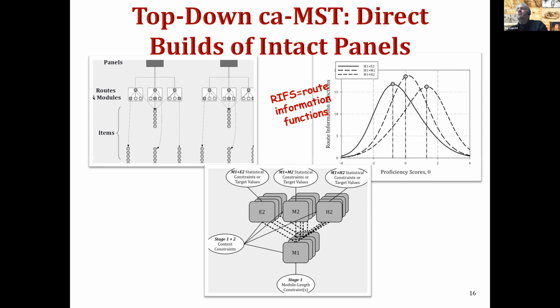What Zhao has worked out with some of his software and colleagues at the NCLEX, the NCSBN in Chicago, was actually a top-down strategy. If you can't break your content down by stage, then you actually specify content for each route and have 3 separate targets, as I show at the upper right there, sort of for the easy, medium, hard route. And then you simply put a constraint on the assembly that you have to have the first stage module share all the same items.